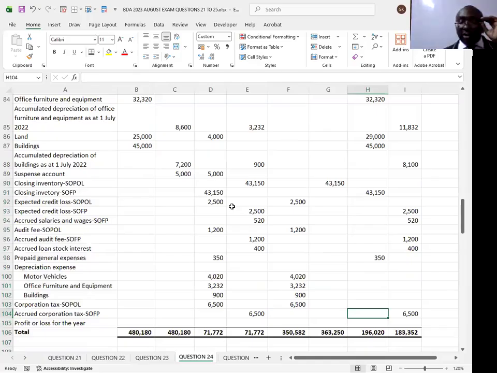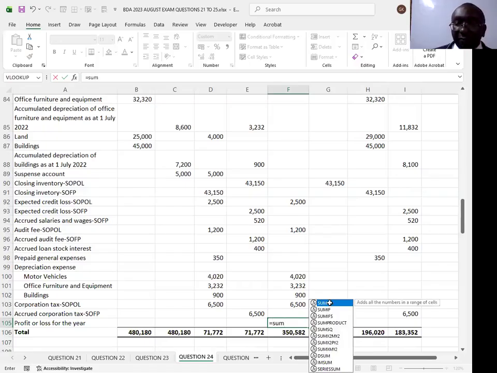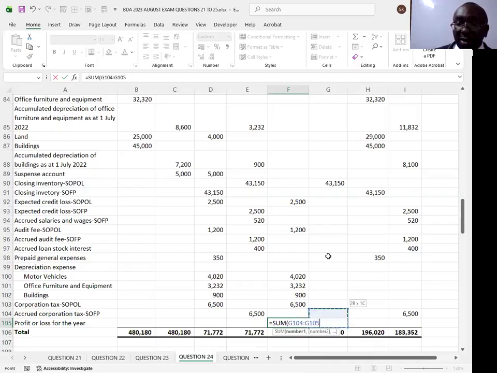So with that now you can see we have a profit because the credits here are more. 363. So hiyo itakuja hapa. Kuja hapa tuseme equals the sum. Kwanza uchukue hizi za credit, uanzie hapa.